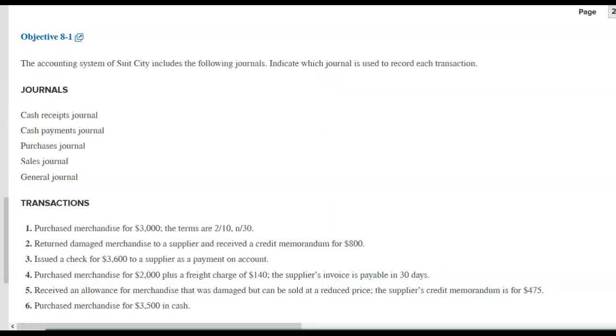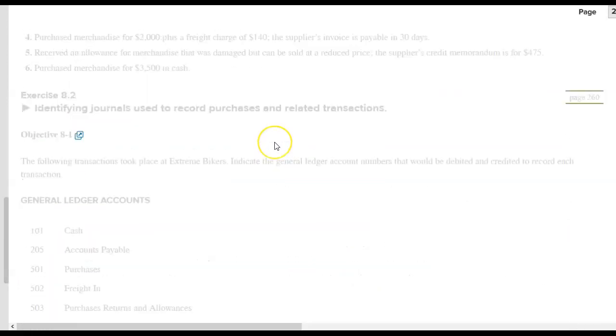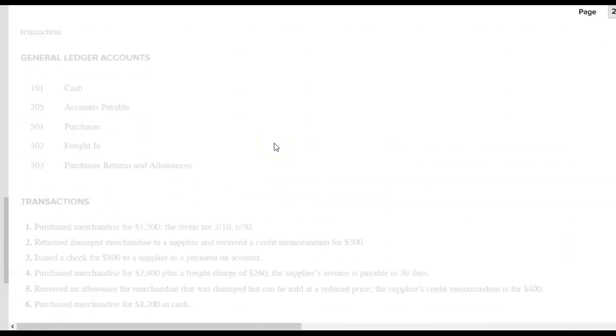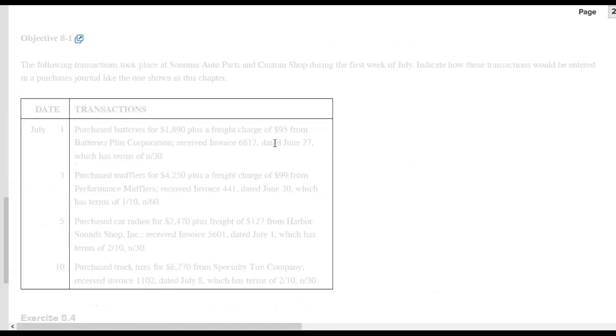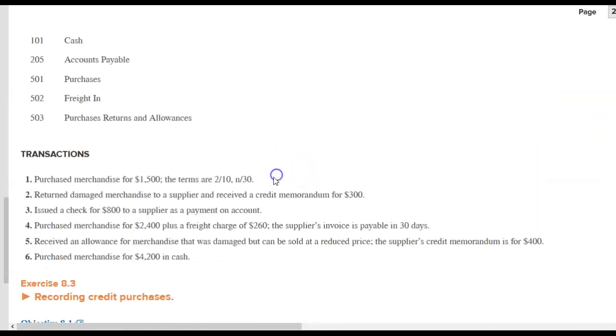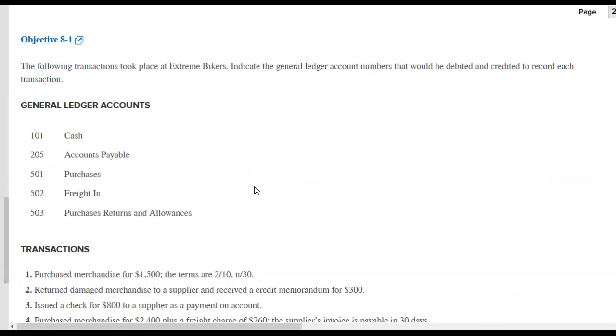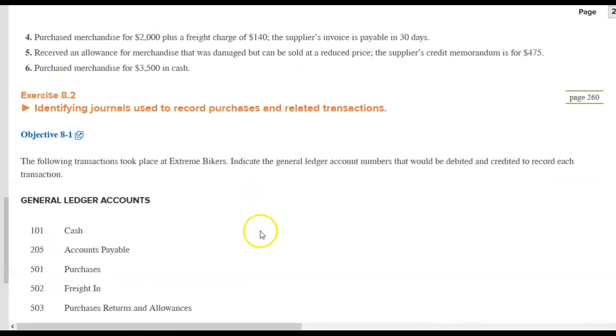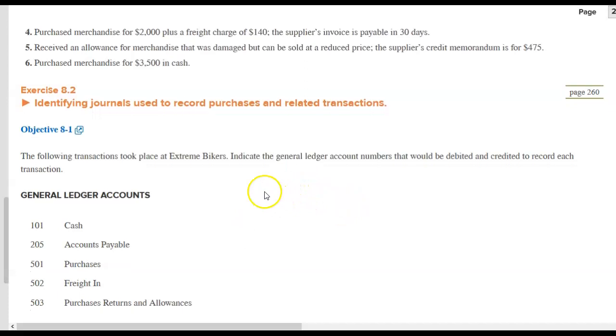Exercise 8.2. Let's scroll this down. The following transactions took place at Extreme Bikers. Indicate the general ledger account numbers that would be debited and credited for each one.